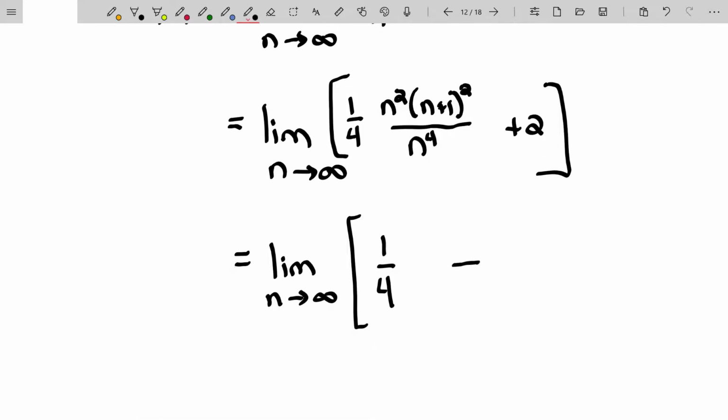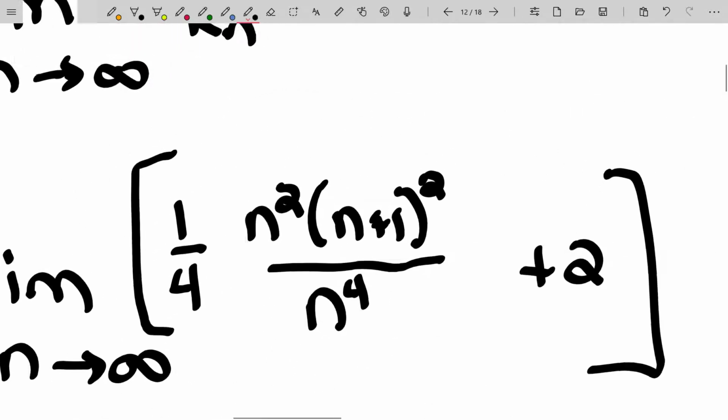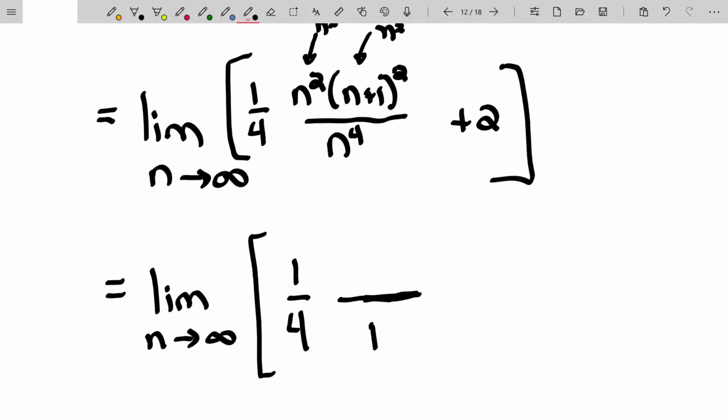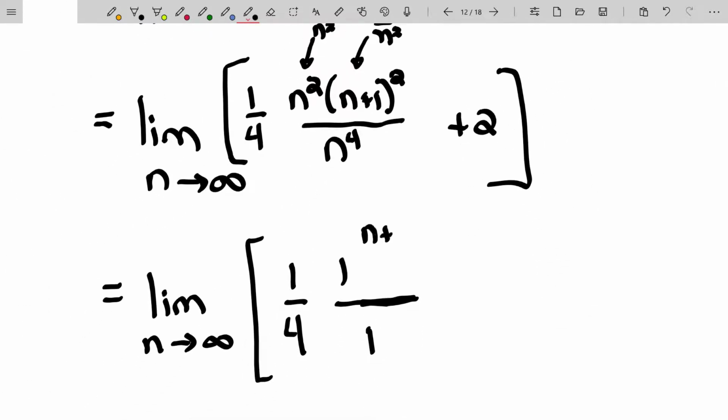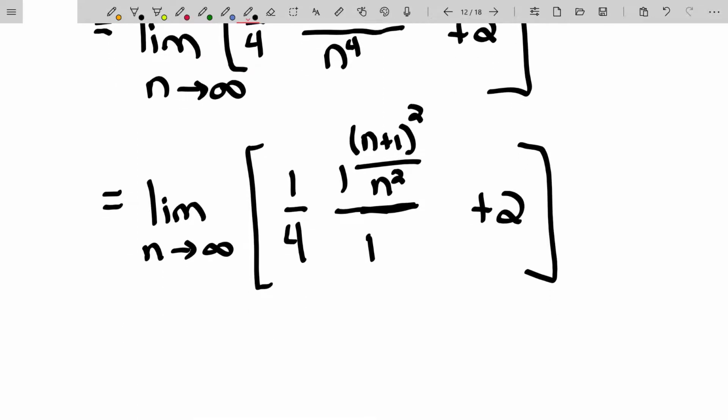If you divide the denominator by n to the 4th, you get 1. You divide the numerator by n to the 4th, well, I'm going to split that n to the 4th amongst these two. So I'm going to divide this one by n squared and then divide that one by n squared. So I'll get 1 times (n plus 1) squared over n squared and then plus 2. Just showcasing this, I'm taking my time with this really.